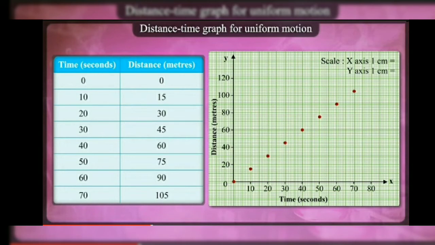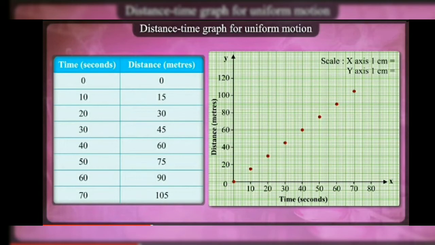We need to draw a graph of distance against time, with time along the x-axis and distance along the y-axis. Look here, what are the readings? Time in seconds is 0, 10, 20, 30, 40, 50, 60 and 70, whereas distance in meters is 0, 15, 30, 45, 60, 75, 90 and 105.